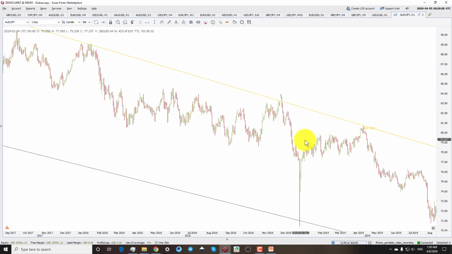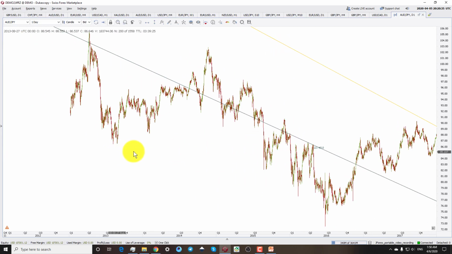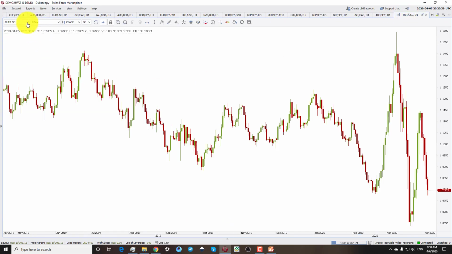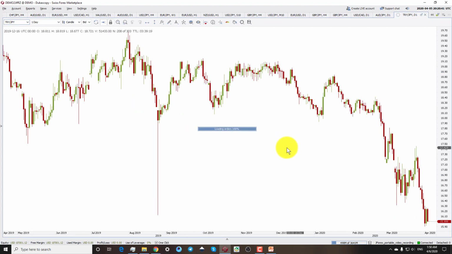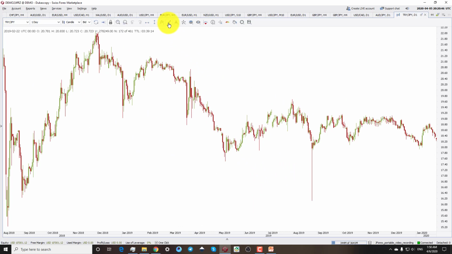And if you find that the next high is lower than that, you can cut some wicks of the highs and still draw a valid trend line. Okay, you can still draw a valid trend line. Now that is okay if you cut the wicks. Some people say that the wicks should not be cut.